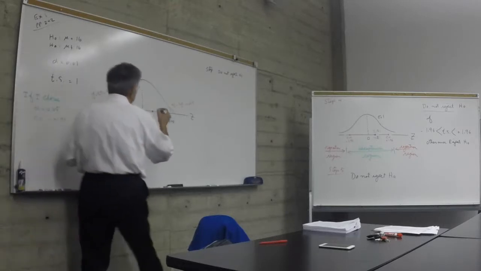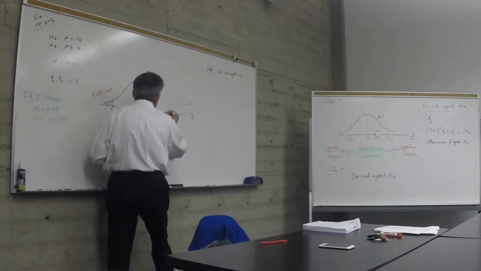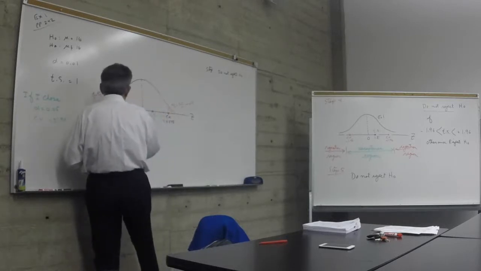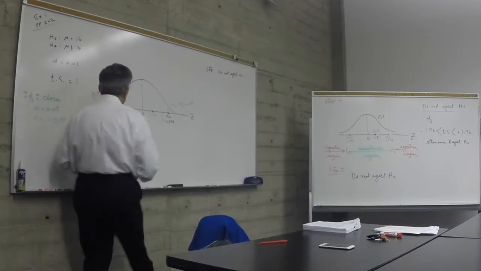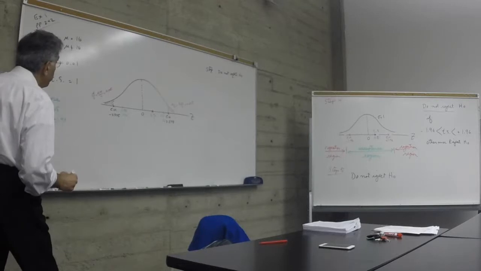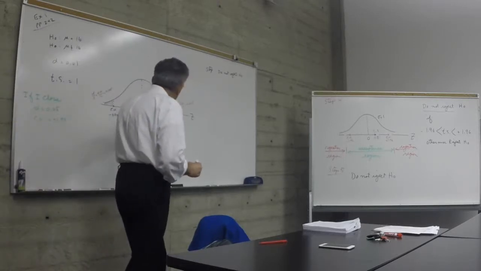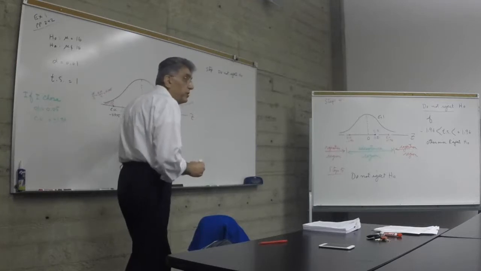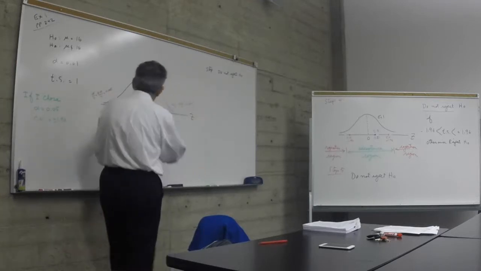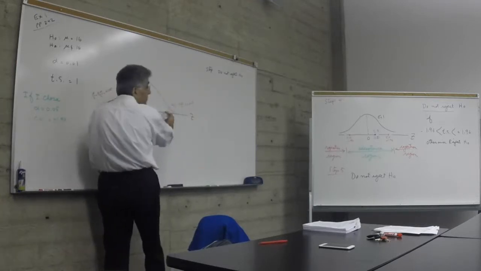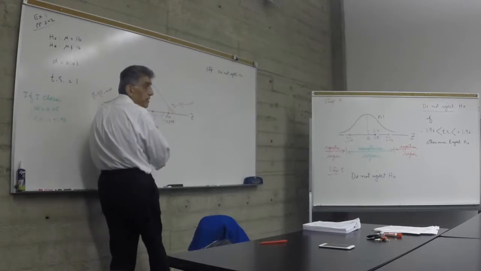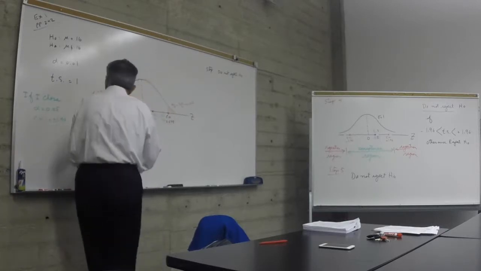Critical value would be 1.96 and negative 1.96. If I had chosen alpha 5%, what would have been the conclusion? Still the same conclusion. Do not reject, because I am still within the acceptance region. Right? Everybody follows this? Okay.